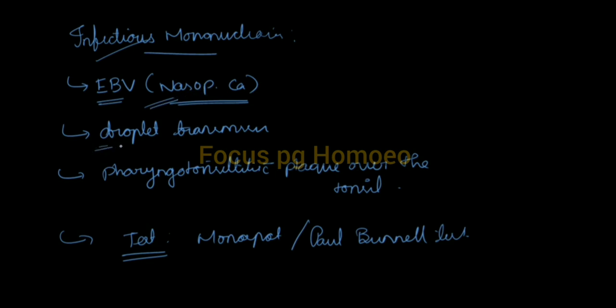It mainly spreads through droplet infection, and there is pharyngotonsillitis with plaque over the tonsil, and the monospot or Paul Bunnell test is useful for detecting infectious mononucleosis. So this is related to the diseases of the pharynx.